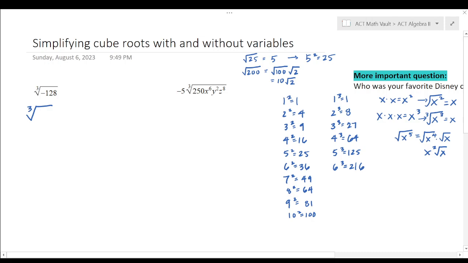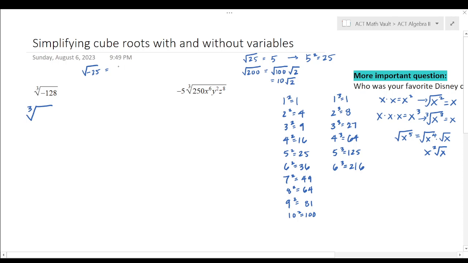A lot of people think, oh, if we have a square root of, say, negative 25, we'll use this same example here, that involves i, right? That's a complex, imaginary number.